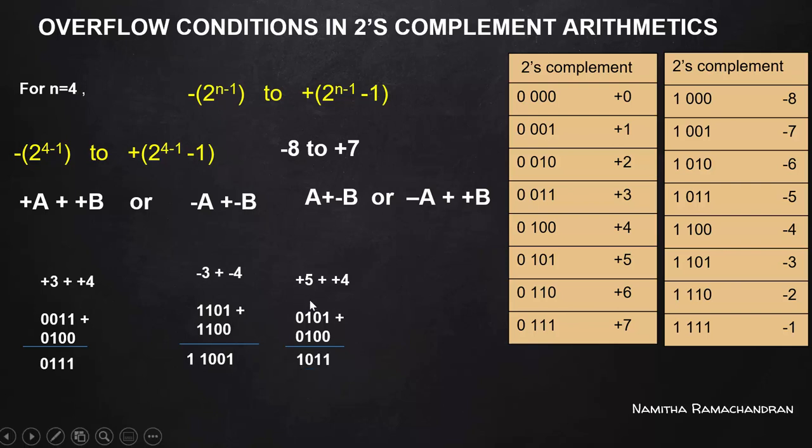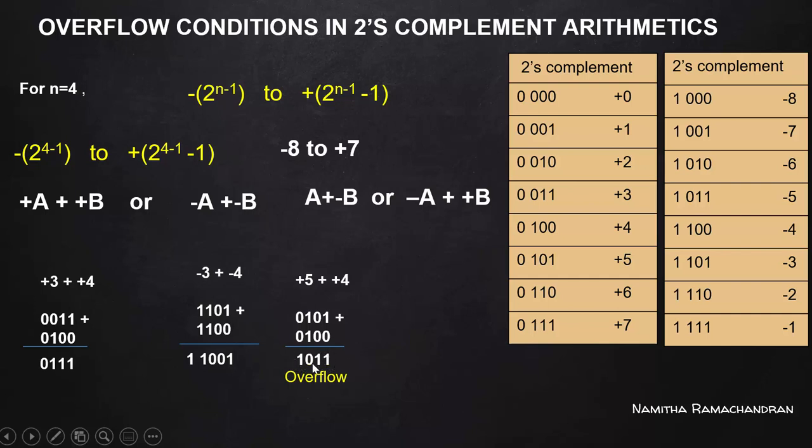So after this addition we get a value: 1 0 1 1 0, carry 1, 1 plus 0 is 1. Now consider this result, 1 0 1 1. Here we have no carry out, so the result is the bits itself.